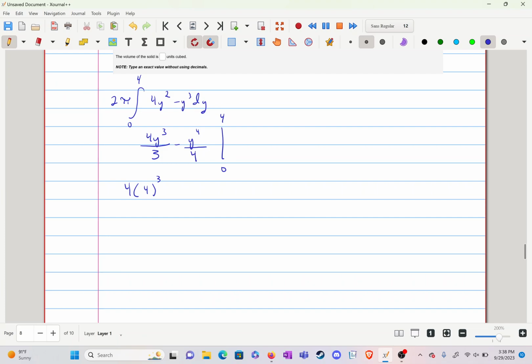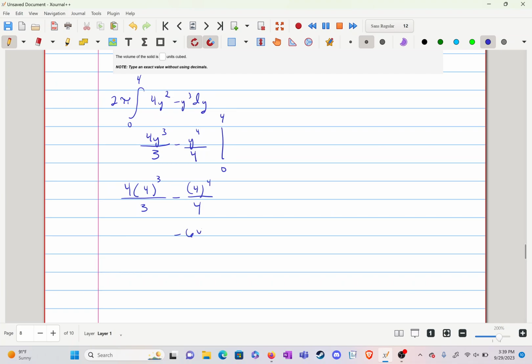It's 4 cubed, pretty much 4 to the 4th, divided by 3, minus 4 to the 4th over 4. So we know 4 squared is 16, 4 cubed is 64, and that times 4 is 256. 256 divided by 4 is just going to be 64.